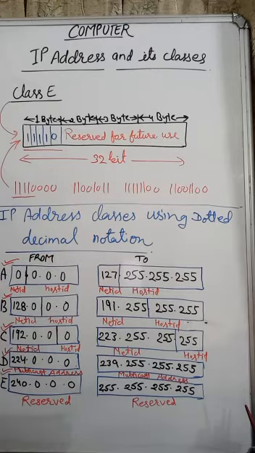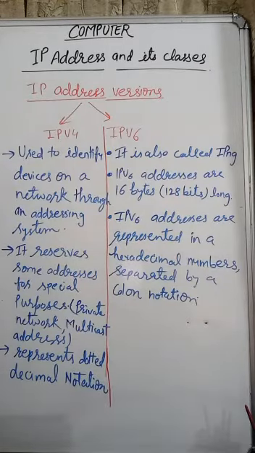Fine. Now the IP address versions, the Internet Protocol versions. There are two types of protocol versions, IP version 4 and IP version 6. See the IP address versions: IPv4 and IPv6. IPv4 is used to identify devices on a network through an addressing system.